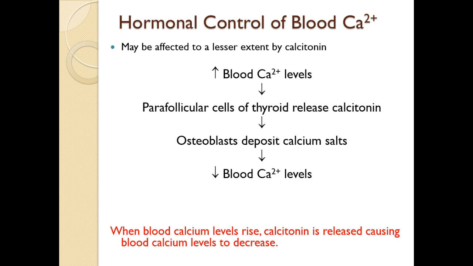Okay? So one way you can say this is, under conditions of hypercalcemia, the thyroid gland is stimulated to secrete calcitonin. Okay? The hormone calcitonin. Calcitonin is released into the blood and then goes to the bone to tell, not osteoclasts this time, but osteoblasts to do their job, which is what?